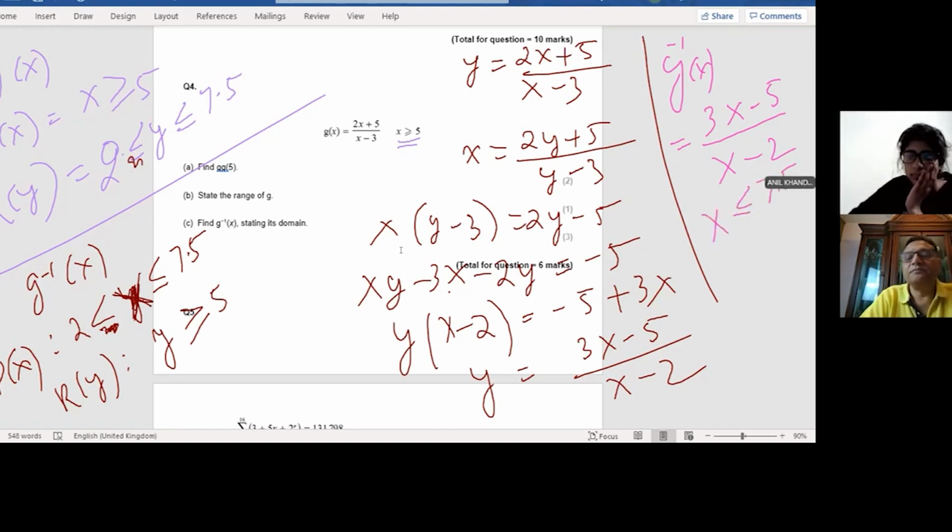Do you see that? Because you swapped. And sorry, not only this, and greater than 2. It will not touch this. That's the domain. So x is between these two values, right?